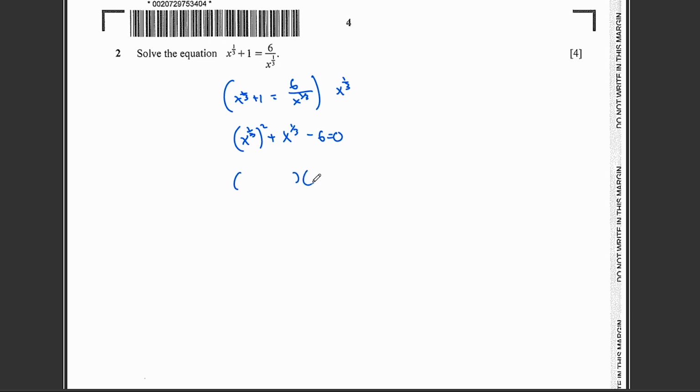And I believe this should be factorable since it's a no calculator paper. Right, so our solutions will be these two, and thus x will be negative 27 and 8. So two real solutions for our equation here.